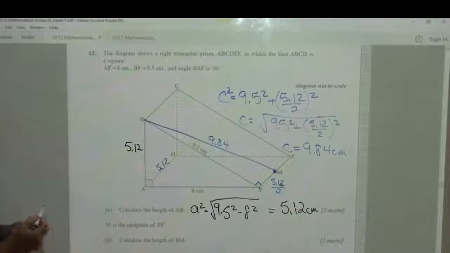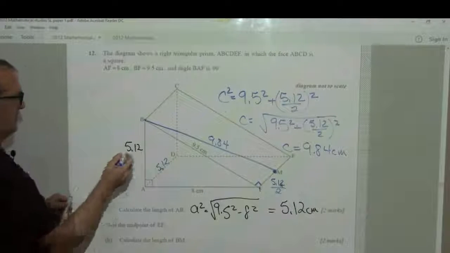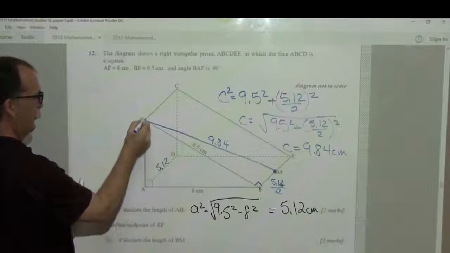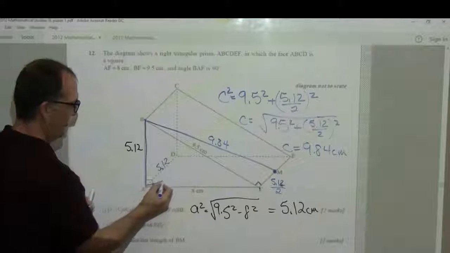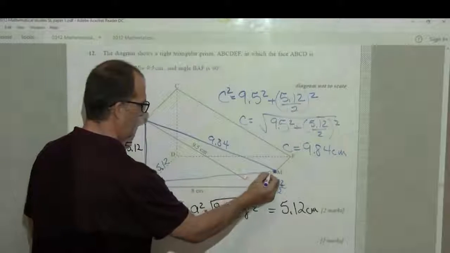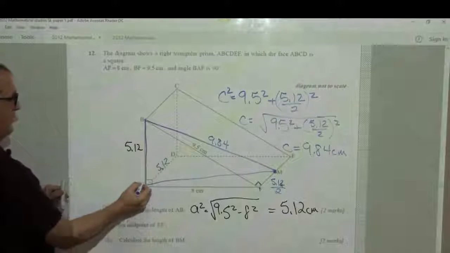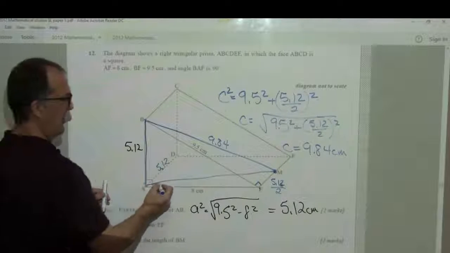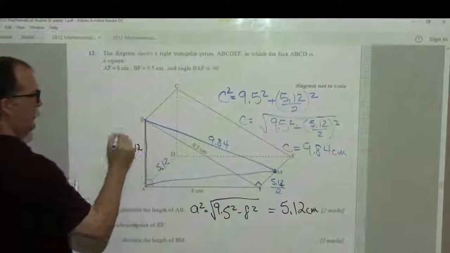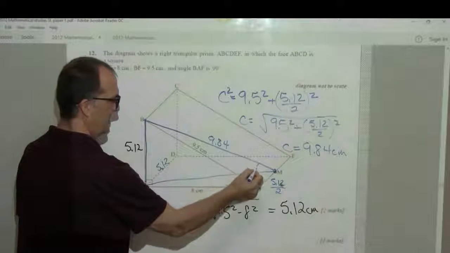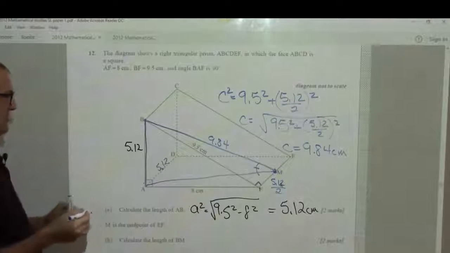The thing to realize is that we have a right triangle. It goes across, down the corner of the prism, along the bottom of the floor to M, and then back up. And we're looking to find this angle.